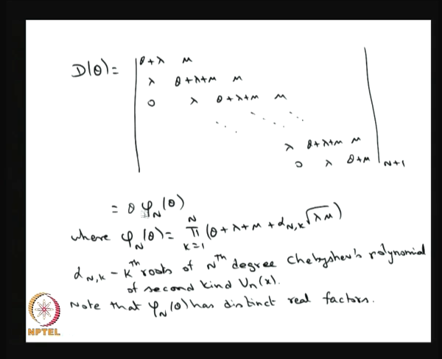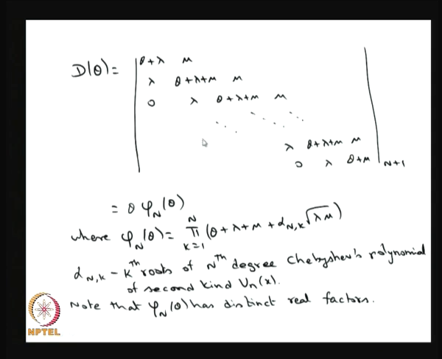So, this theta corresponds to the stationary probabilities or the limiting probabilities. Therefore, you always get the n plus 1 order matrix determinant as theta times a polynomial of degree n as a function of theta.